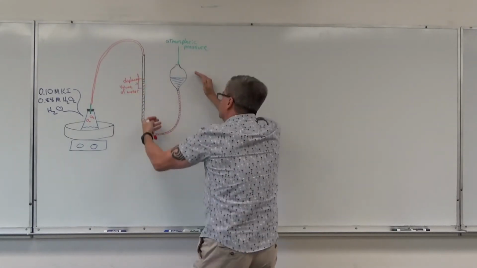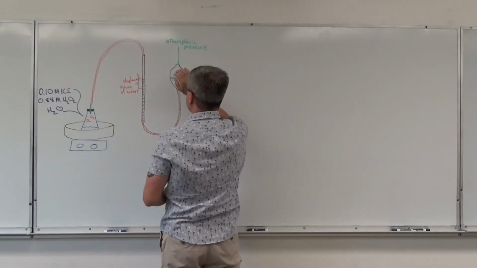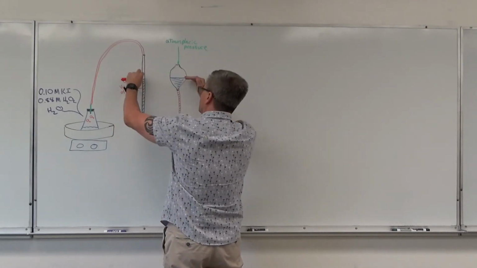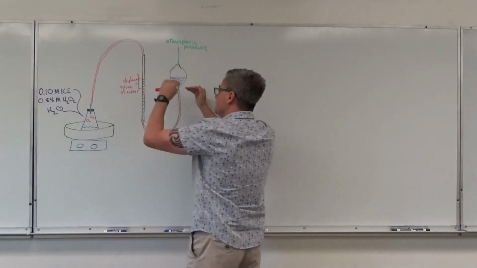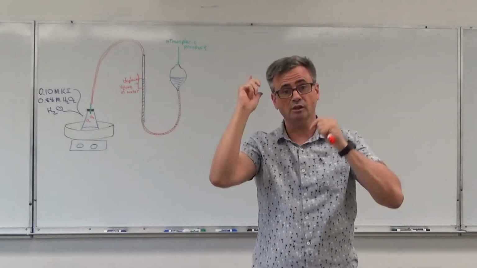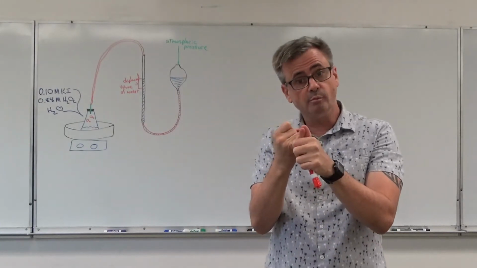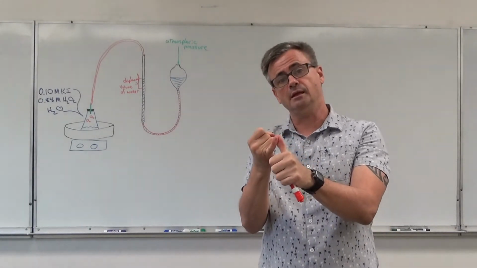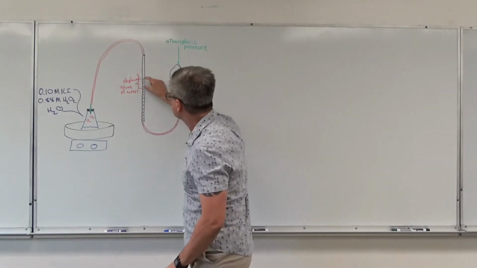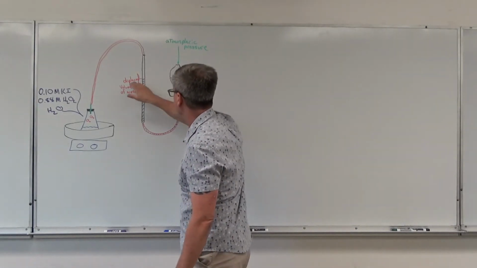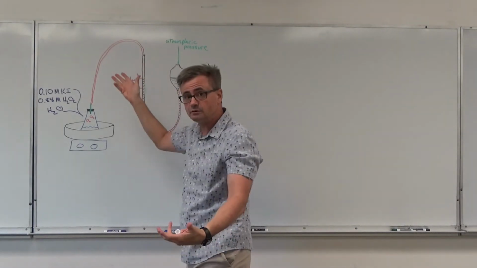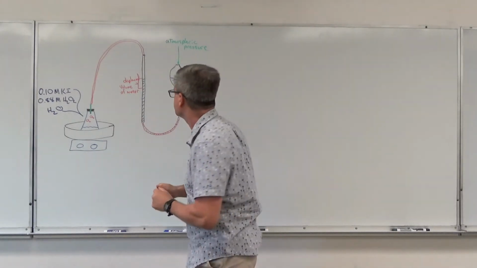If it was greater, it would continue to push over into the equalizing bulb. So after it displaces, the pressure is re-equilibrated with atmospheric pressure. So we know the volume of oxygen created by measuring this little change on our burette. It's in milliliters, which we'll need to convert to liters.